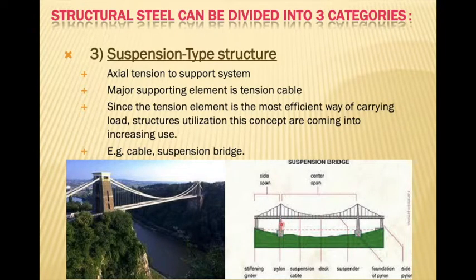As you can see here, we have this pylon, so this is the location of the first one, and this is the location of the second one, and the rest of the span for the bridge will be supported by this suspension cable. This suspension cable is made out of steel. Since the tension element is the most efficient way of carrying load, structures utilizing this concept are coming into increasing use.